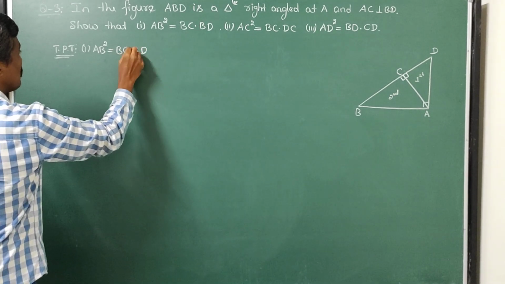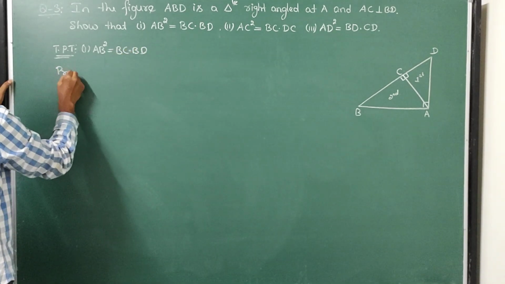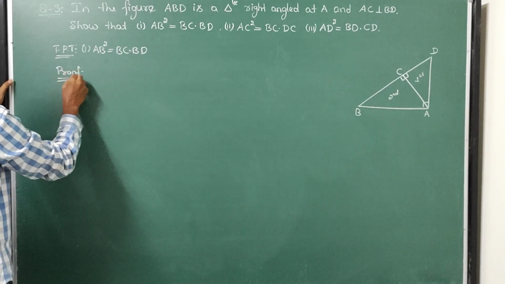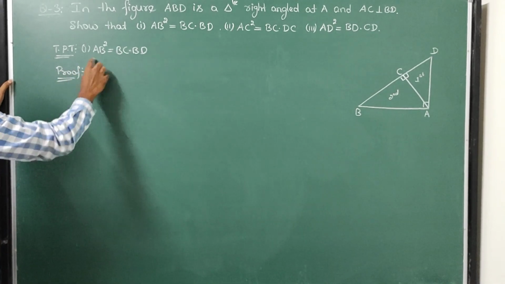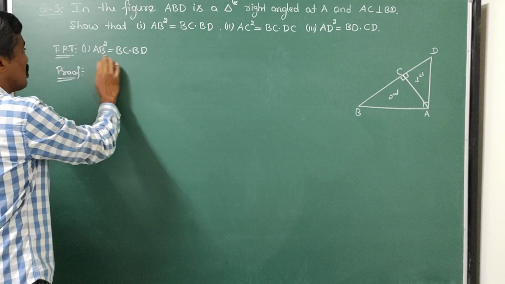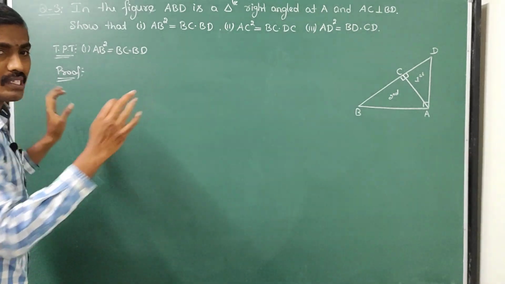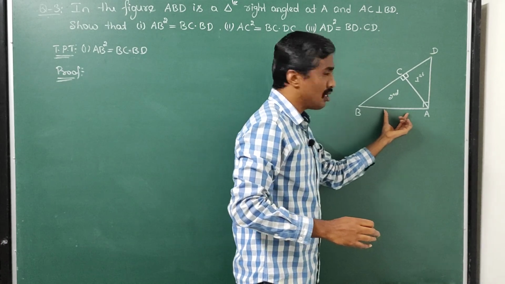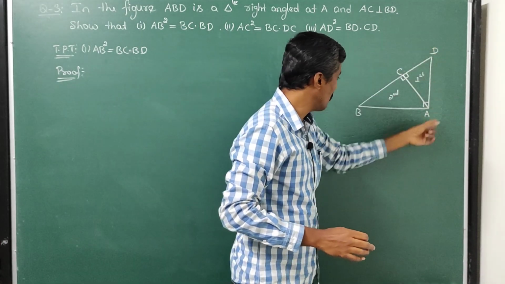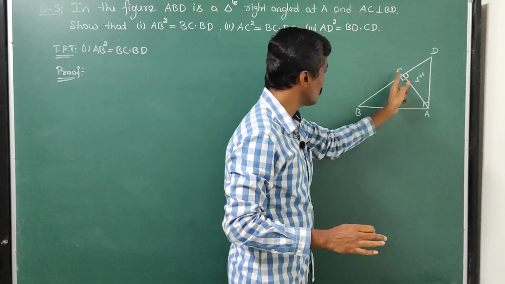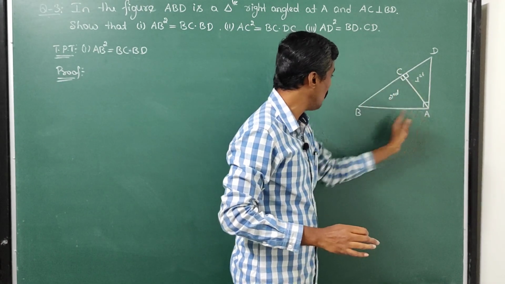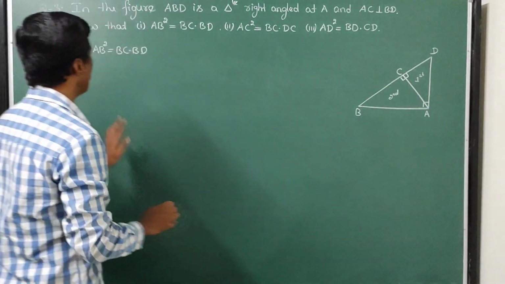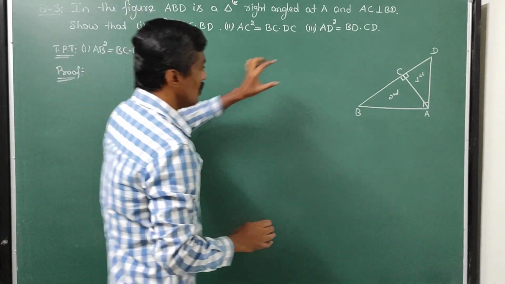Before starting the proof, just observe the sides. These 3 sides belong to which triangle? AB belongs to the original triangle DAB and also to the second part, that is CAB, correct? Then BC and BD.